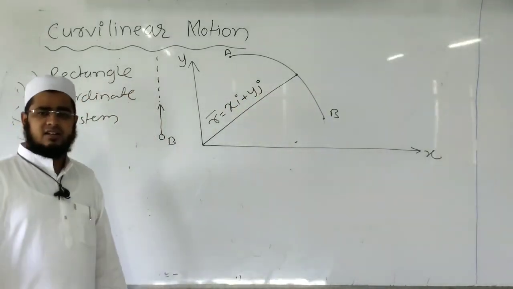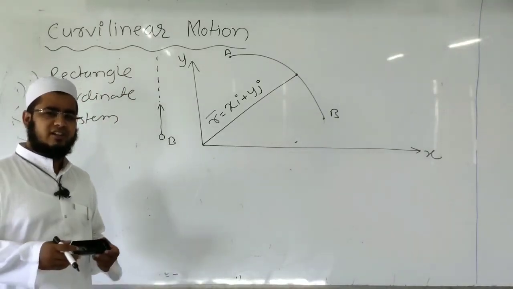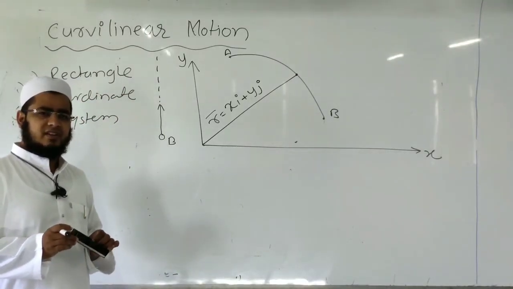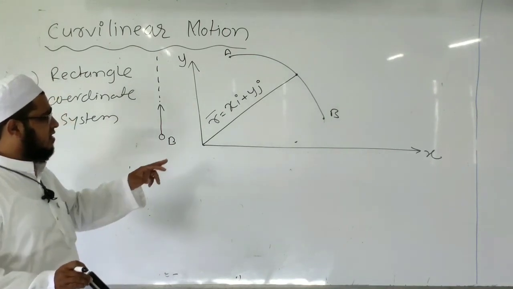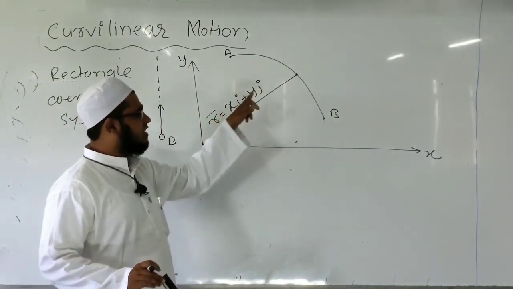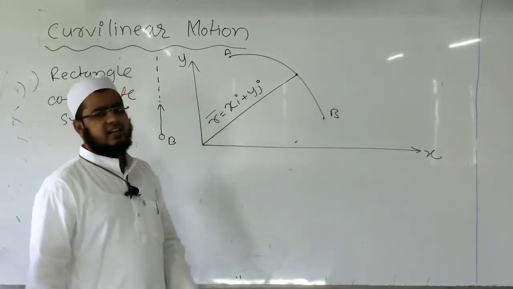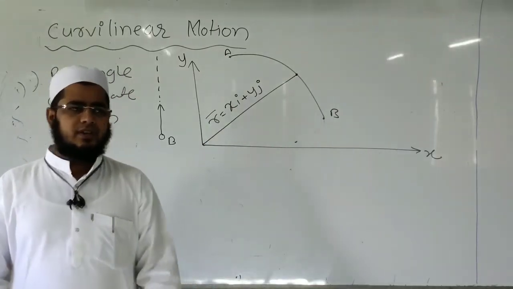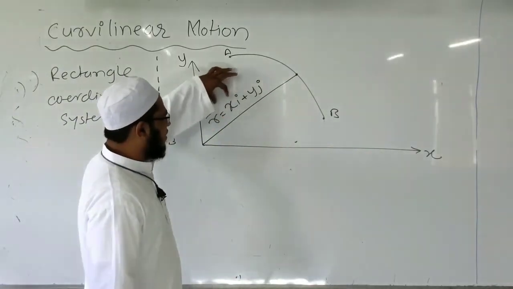are, as we know from vectors that we already learned in earlier classes, unit vectors in x and y direction respectively, and x and y are the coordinates.